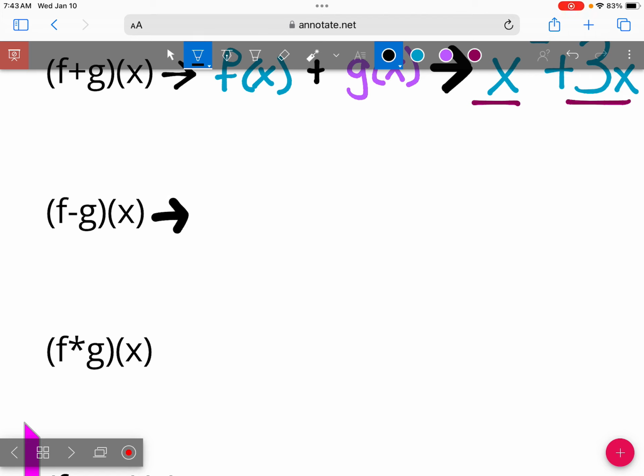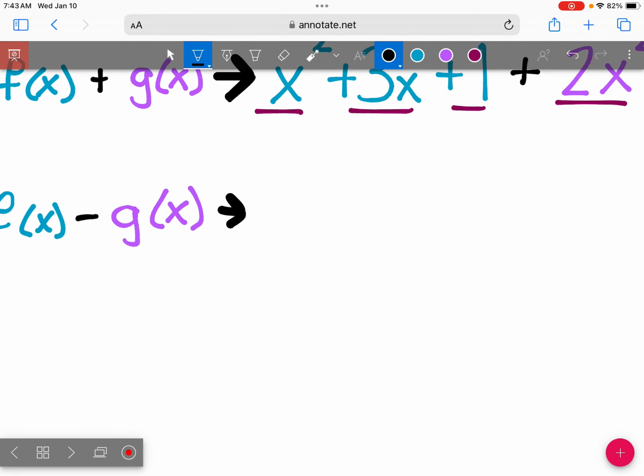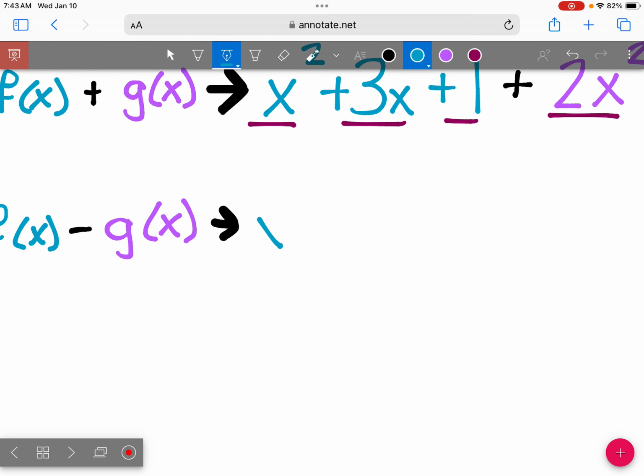So same kind of thing down here, f minus g of x. That means I'm going to take f of x and subtract g of x. They're two separate functions. So when we set that up, we're going to write it out. My x squared plus 3x plus 1.